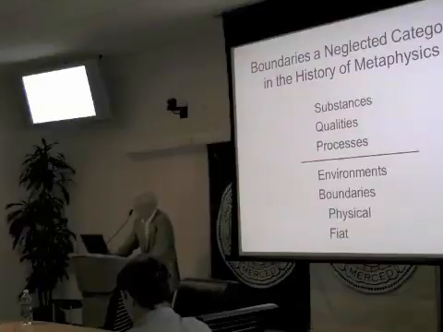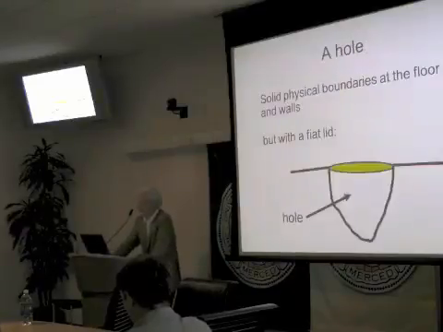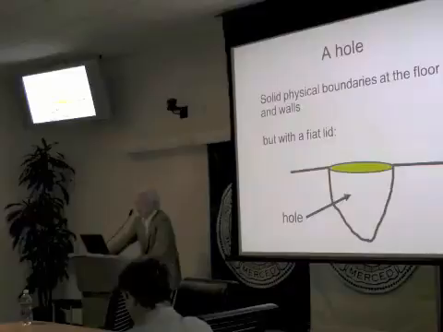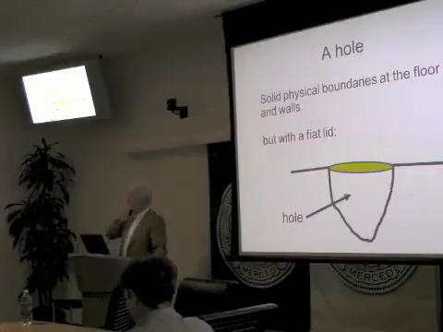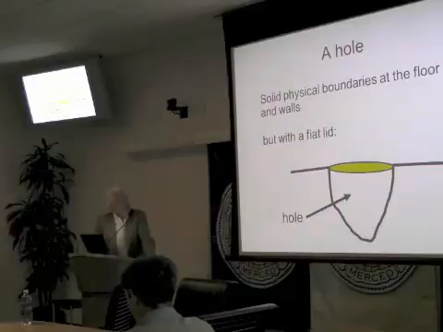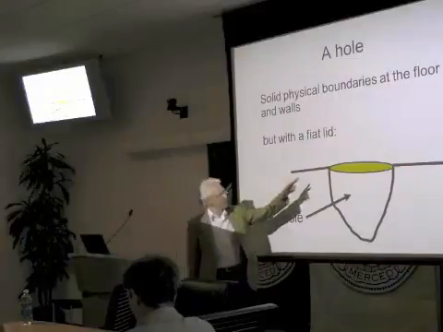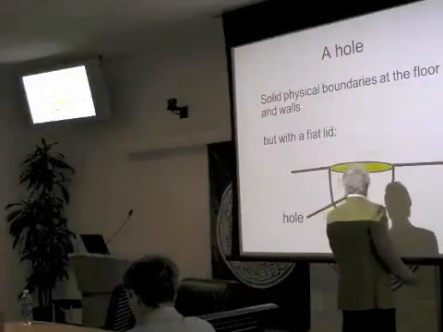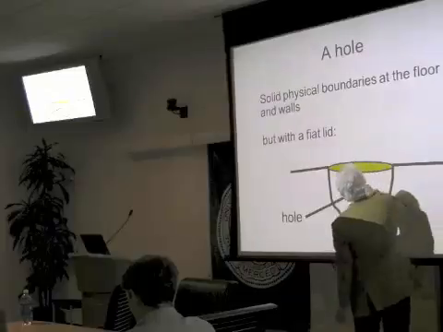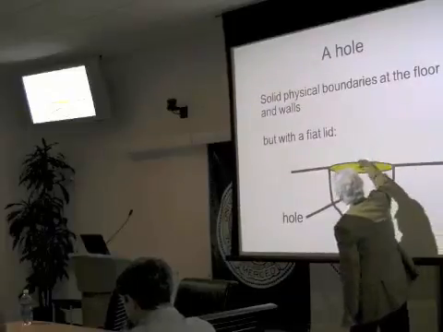They don't have to be vague, but they are in many cases vague. So this is a whole. I mean, it's an example of a whole. It's a topologically very simple whole, and it has physical discontinuities here, and it has a fiat boundary here.